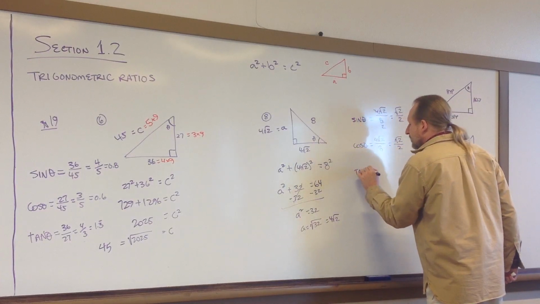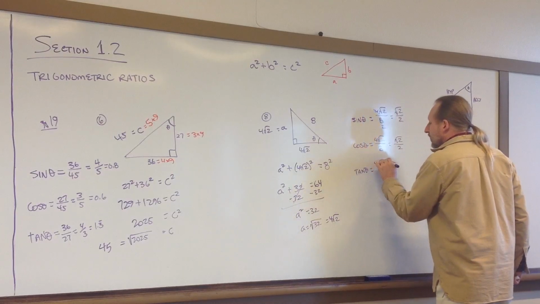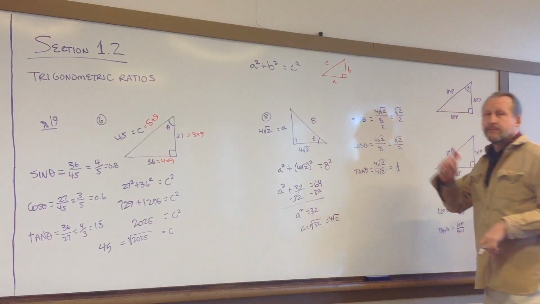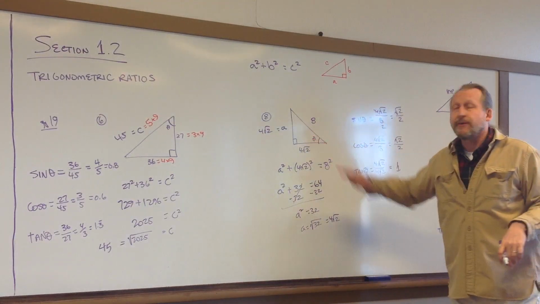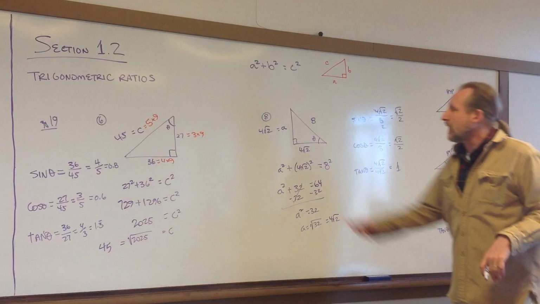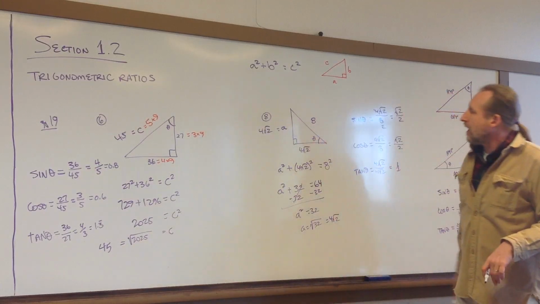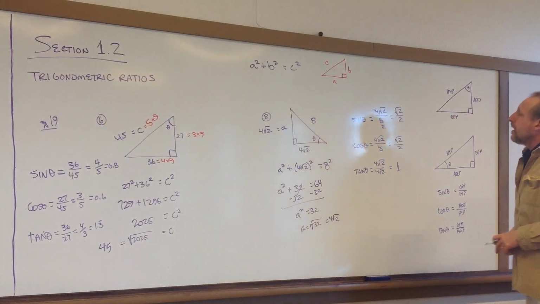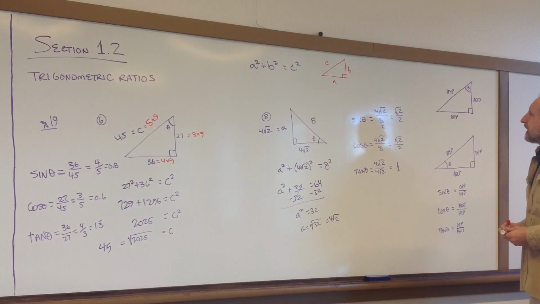And then the tangent of theta is going to be 4 root 2 over 4 root 2, which is equal to 1. The angle theta here is 45 degrees. This is an isosceles right triangle where this is 90 and each of these angles is 45. And that has some special values for sine, cosine, and tangent.